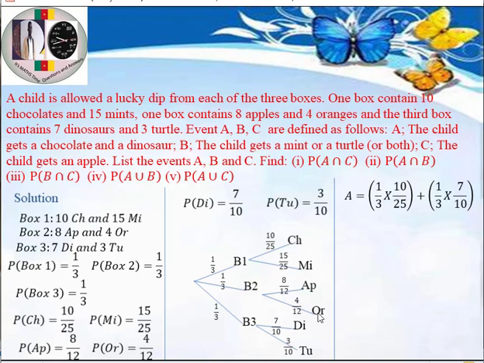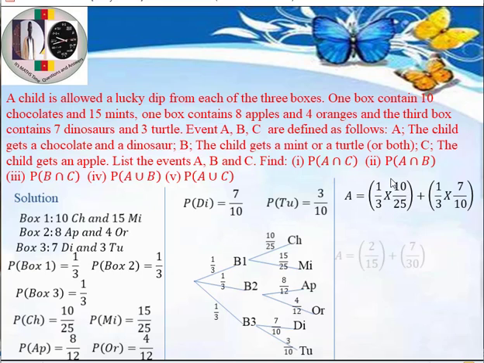So if we simplify this, we are going to have 1 times 10, which is 10, divided by 3 times 25. If we simplify that fraction, 5 into 10 is 2 times, and 5 into 25 is 5 times.